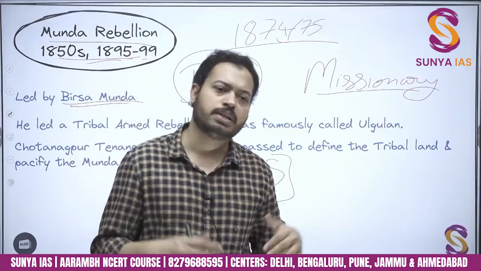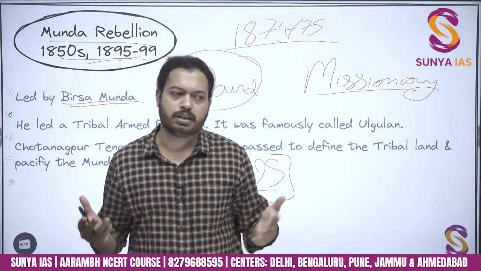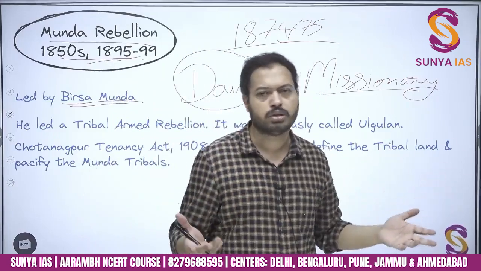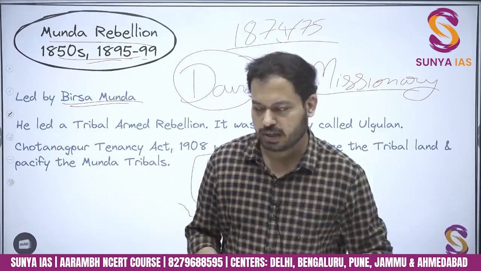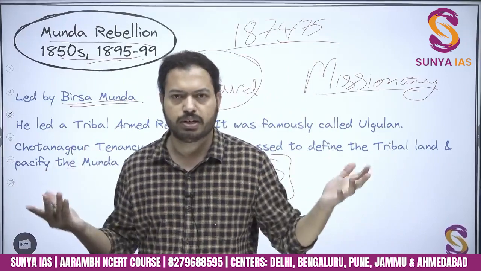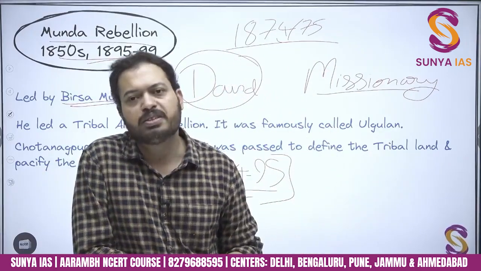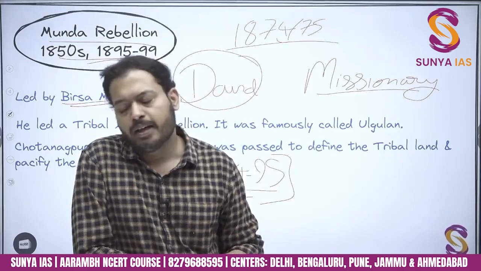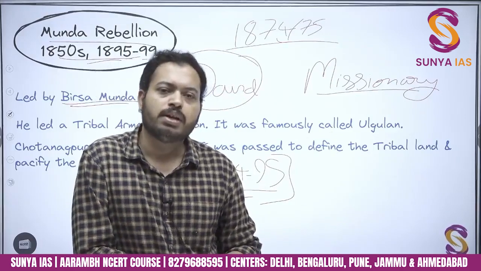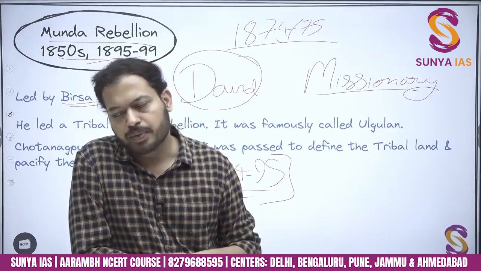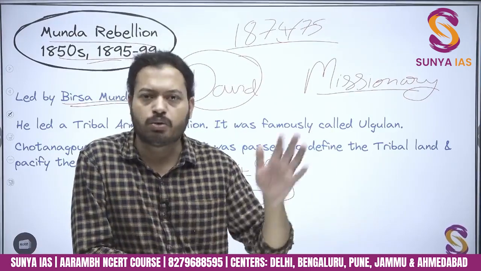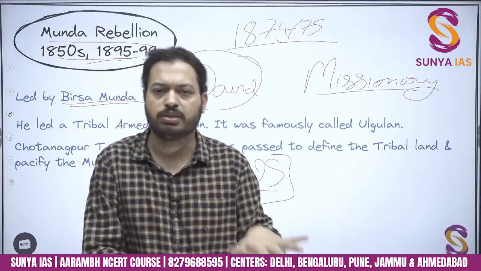Birsa also said that he saw and met God, and now he has the power of God. He is a representative of God on earth, and he led his people against the East India Company, wanting to remove the dikus, the outsiders, from the region.